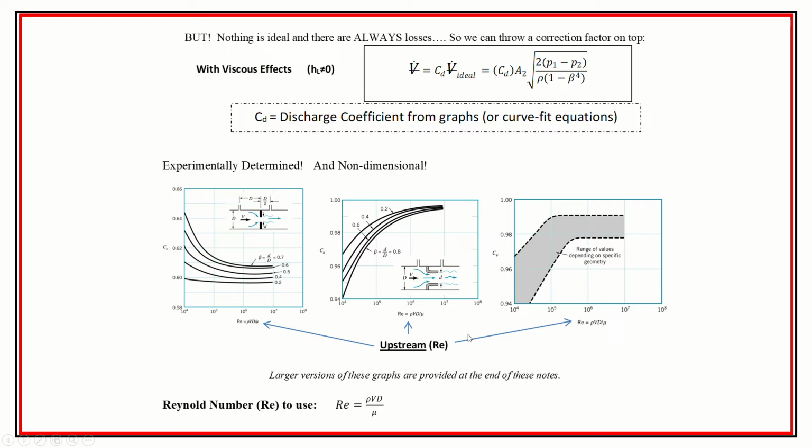Notably, though, this is an upstream Reynolds number. Pretty soon we're going to get more into non-dimensional numbers, and these are examples of non-dimensional numbers, an empirically found coefficient that we can use with a certain amount of reliability and repeatability to predict fluid flow. And we'll see that that's a very common thing in engineering for us.